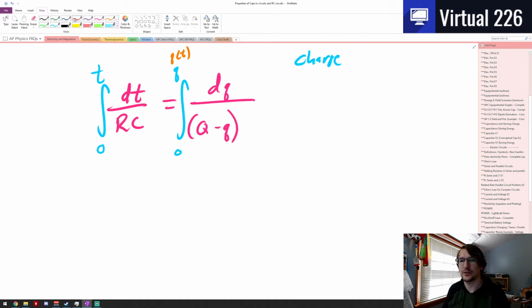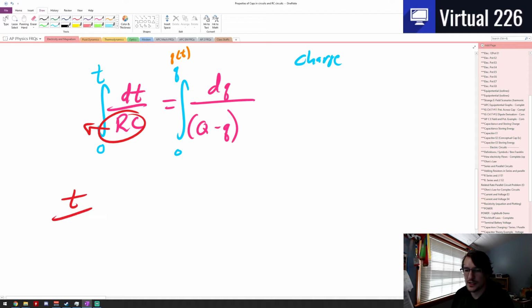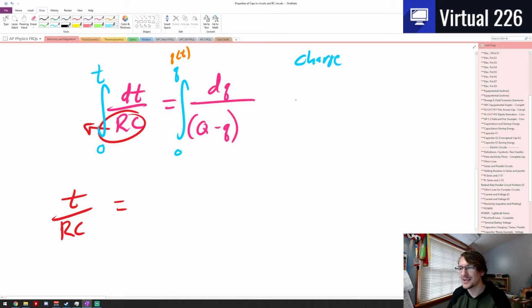So if we take these integrals here, the one on the left is pretty straightforward if you've been taking calculus. The RC gets pulled out of the integrand, and it's just the integral of dt, which is t. So we're going to get t over RC on the left side, and on the right, we need to be a little careful. On the right-hand side, we've got dq over the quantity Q minus q. Well, this is a use of the substitution method.